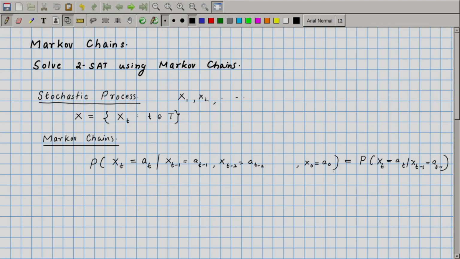The probability that the random variable at time t takes a particular value, given the entire history, that is the values of the other random variables x_0 to x_{t-1}, is exactly the same as the probability that x_t equals a_t given x_{t-1} equals a_{t-1}. These kinds of stochastic processes are what we call Markov chains.